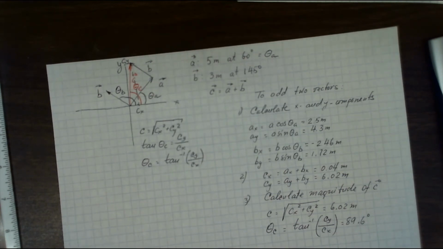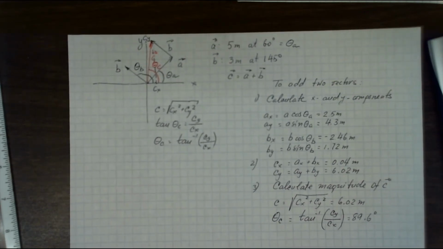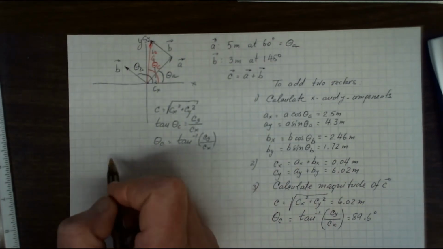The problem is, your calculator is not as smart as we want it to be. It's really easy when the angle, or the vector, is in the first quadrant. But it becomes a little bit more complicated if the angle is in the second, third, or fourth quadrant of the unit circle.